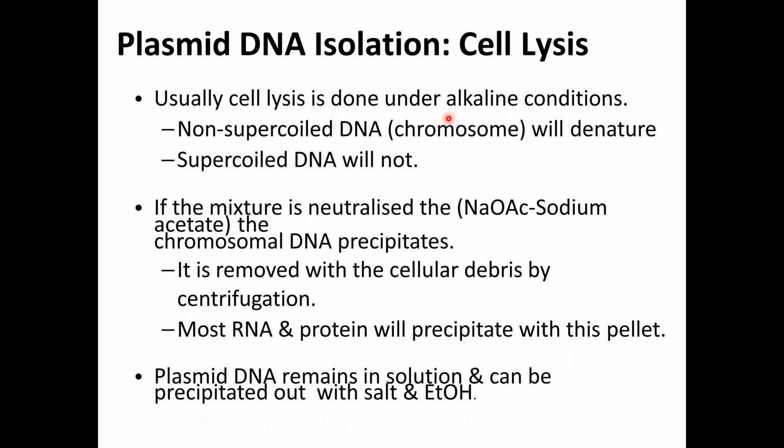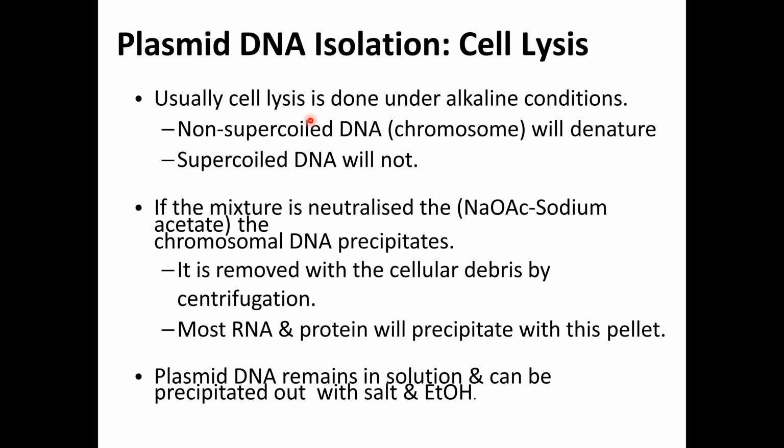Lysis for plasmid DNA isolation can be done under alkaline conditions, but it depends on the shape or characteristics of your plasmid. The non-supercoiled DNA, or relaxed DNA, will denature. I mean, sorry, the chromosomal DNA will denature. However, your supercoiled DNA will not denature using only the alkaline conditions.